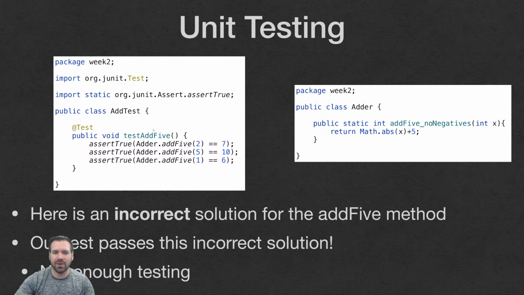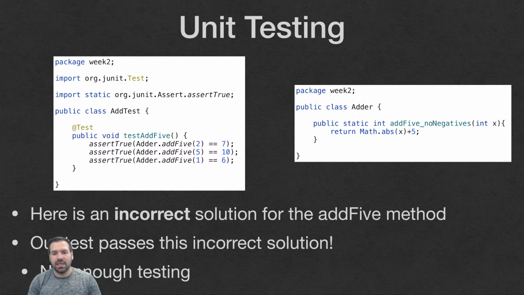Somebody can always write code: if they look at your test suite, they'll write, if x equals 1000 exactly, return 0, else return x plus 5. They can always write an implementation that will fail your test cases. So we're not trying to create a puzzle that nobody can solve, but you should have any reasonable bugs covered. Any reasonable bug that a developer can write, your tests should identify that as an incorrect solution and fail it.